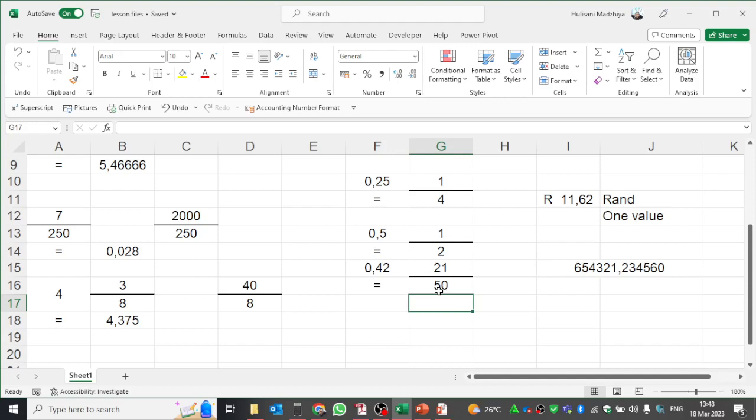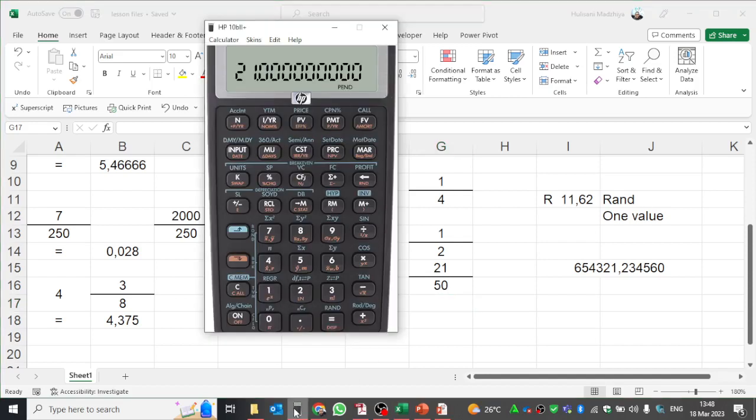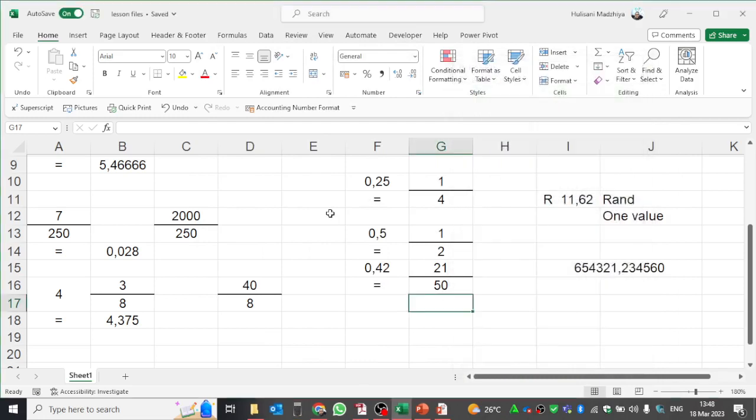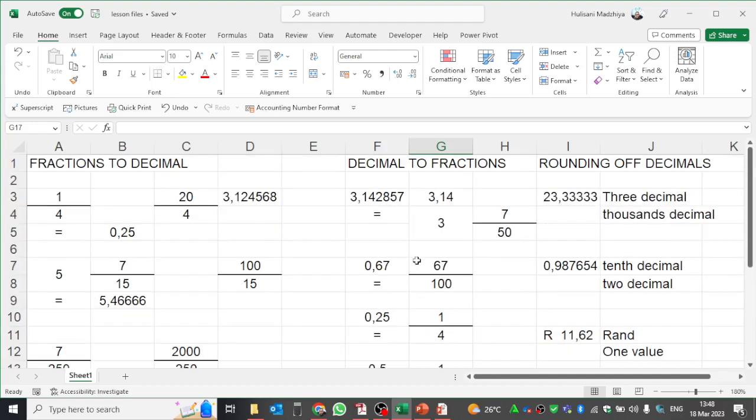If there isn't, we leave it as 21 out of 50. 21 over 50 still gives us 0.42, so it's in its simplest form. But if it's an improper fraction, we'll have to convert that into a mixed fraction. So that is it in terms of decimal to fraction and fraction to decimals.